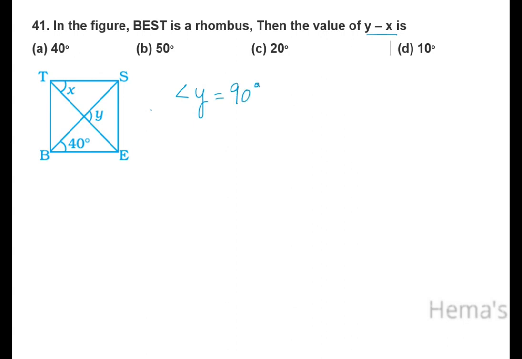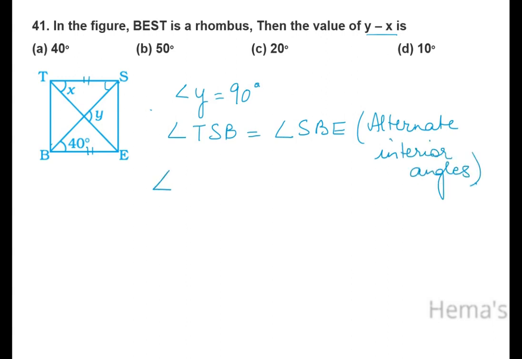Now, TS and BE are parallel lines where BS is a transversal. Therefore, angle TSB is equal to angle SBE, right? Why? They are alternate interior angles. Okay, so angle TSB is equal to 40 degrees, right?